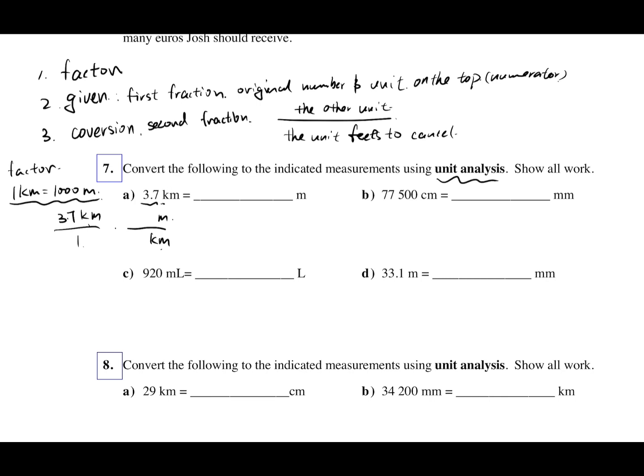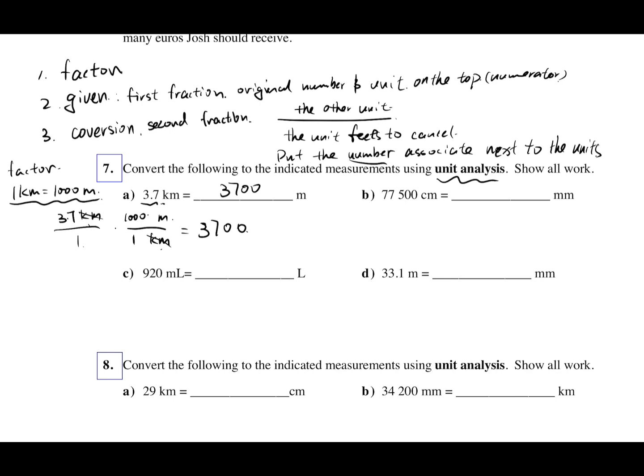The numbers for the factor are 1 and 1,000, and then we can cancel kilometers, which equals 3700. So the answer is 3700.